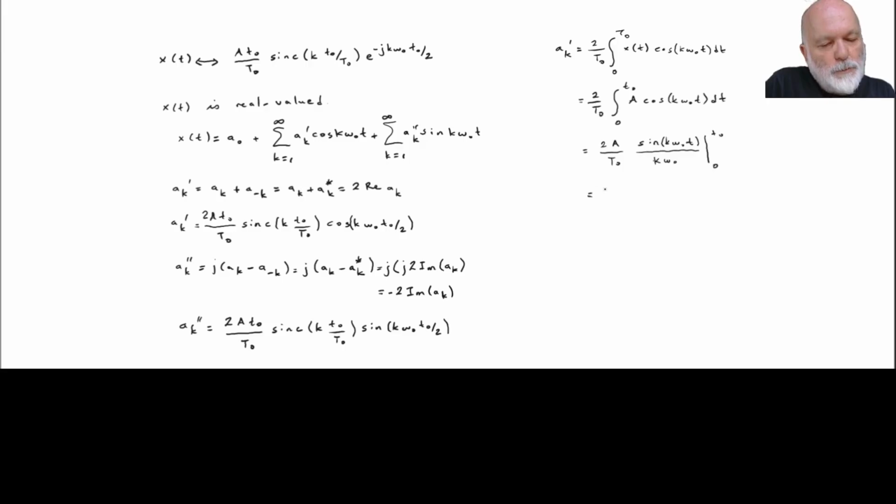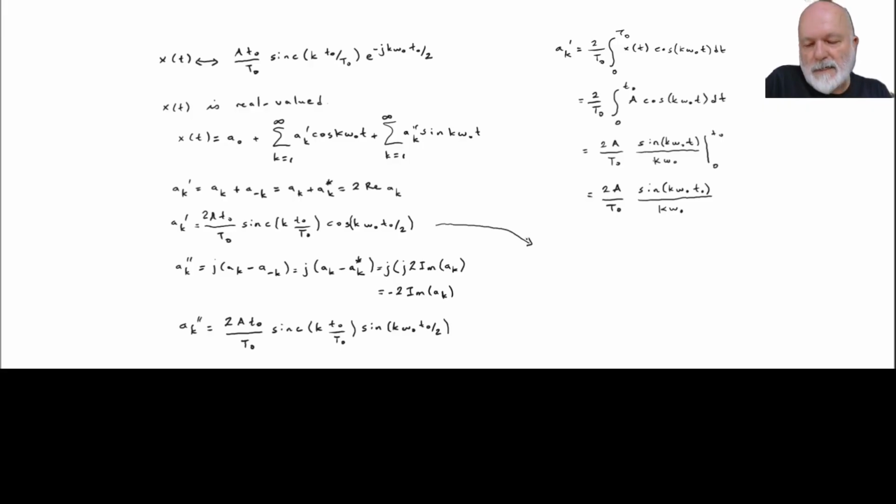Or this is equal to 2a over T0 times sine k omega 0 t0 divided by k omega 0. Okay, now if we compare this expression with the expression we have found before, they seem to be different, but in fact they are equal, and we can verify this as follows.